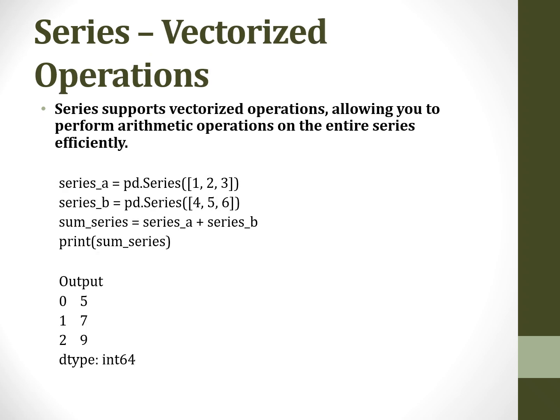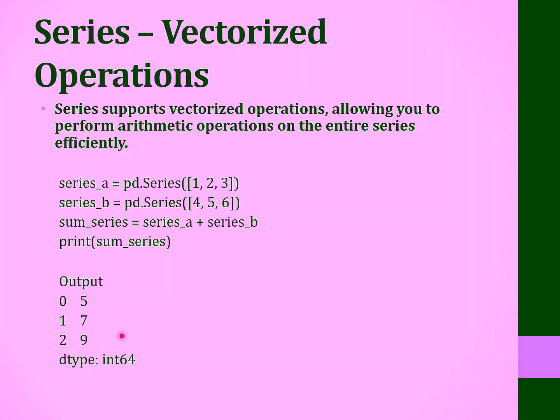Now vectorized operations. Arithmetic operations can also be performed on series, as we have done in arrays. We are defining two pandas series and doing an addition on both. If we print, what happens? 4 plus 1 is added to 5, 5 plus 2 is added to 7, and 6 plus 3 is added to 9.